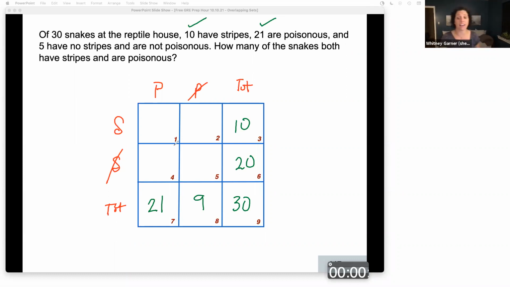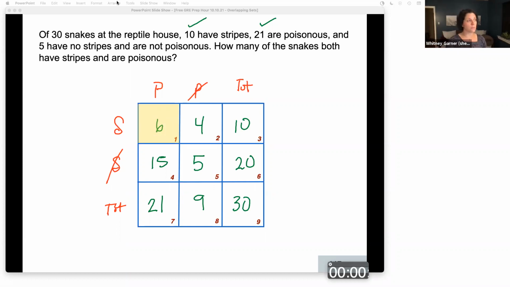And 5 have neither, no stripes, not poisonous. And so I can come across 20. This would have to be 15, whatever this box is, because 15 plus 5 is 20. And then this box would have to be 4, because 4 plus 5 is 9. And this box would be 6, because 6 plus 4 is 10. So how many of the snakes have both, right? They're both striped and poisonous. That's this corner here.